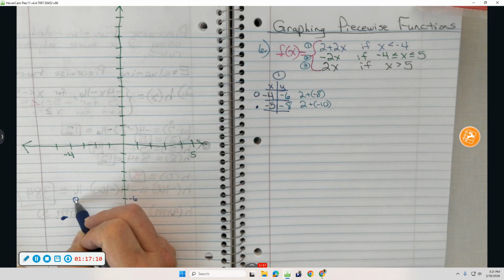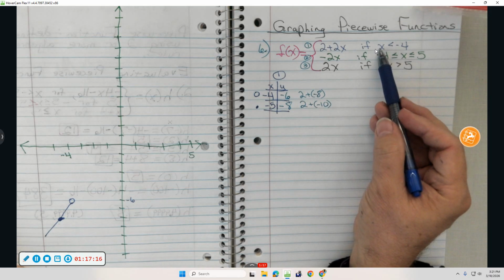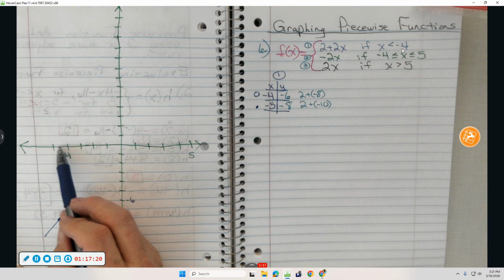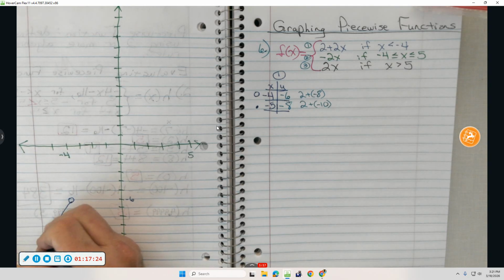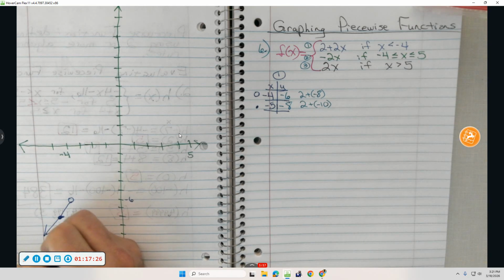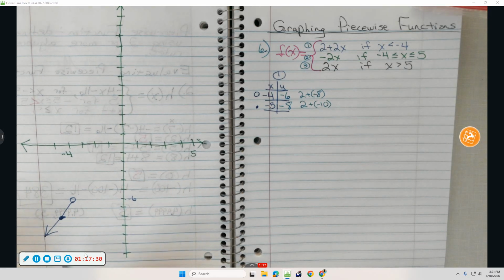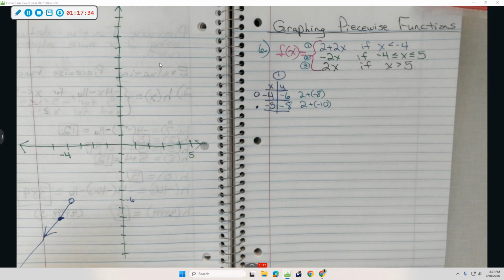It starts at the cut point and it goes to the left. Does it stop? All the numbers on the x-axis less than -4, does that stop? It starts here and keeps going. Does it stop? No. So there are arrowheads on the left side, that bottom left side of the graph. It just keeps going and going forever.